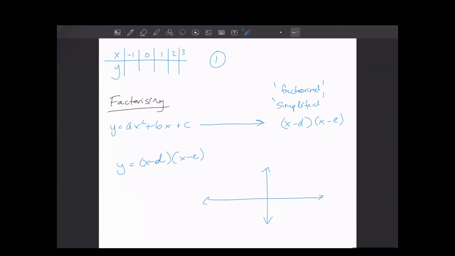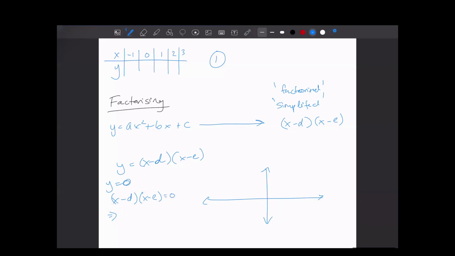X-intercept means y equals zero, right? If we're looking for our x-intercepts, we're looking for when our graph touches this line, which is where y equals zero. And so if I'm looking for x-intercepts, I set y equal to zero, and we're solving for this, x minus d, x minus e equals zero. And if you have two things that multiply to equal zero, the equation is true if one or both of these things are equal to zero.